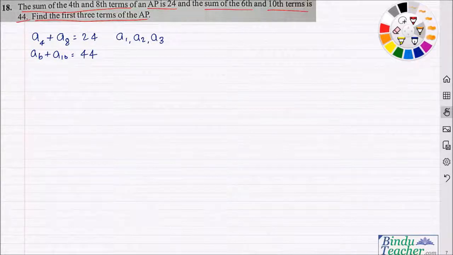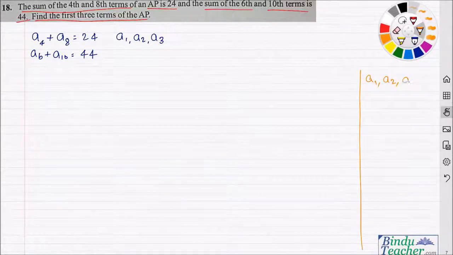Now what do we know about an arithmetic progression? A set of numbers a1, a2, a3 are said to be in arithmetic progression if they are of the form a, a plus d, a plus 2d and so on, where d is the common difference between a of n plus 1 minus a of n.